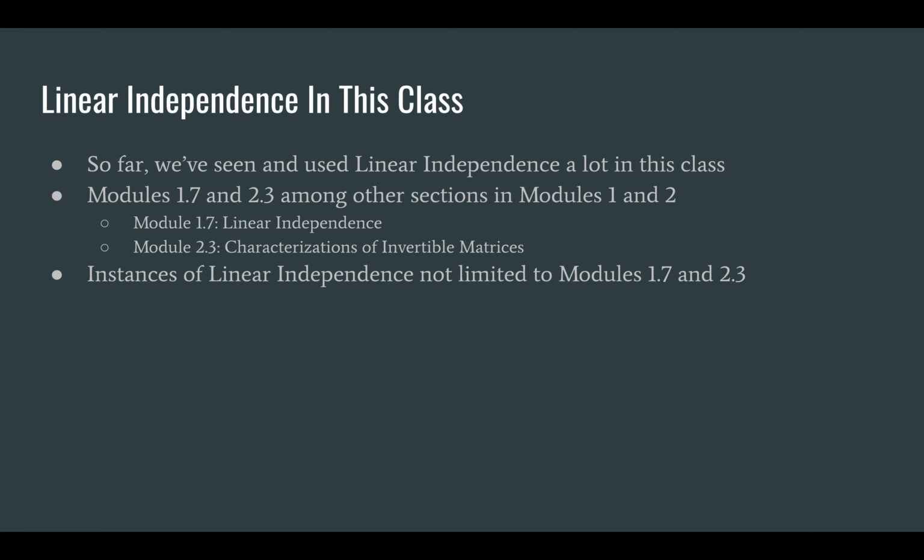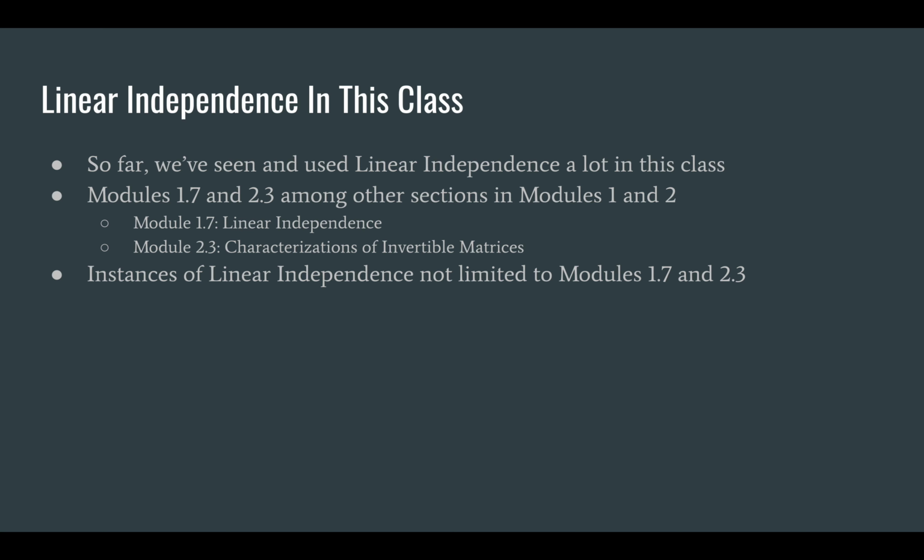So linear independence, in this class, we have used it a lot. We've seen it a lot in this class. Two of the highlighted modules where we've seen linear independence are modules 1.7 and 2.3. This isn't limited to just those two modules.